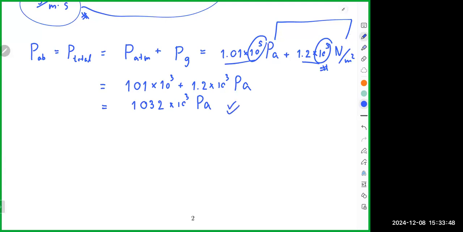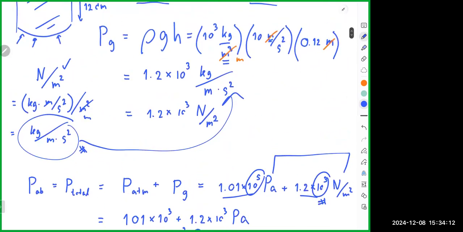But we don't usually use this one. We use the scientific notation here.